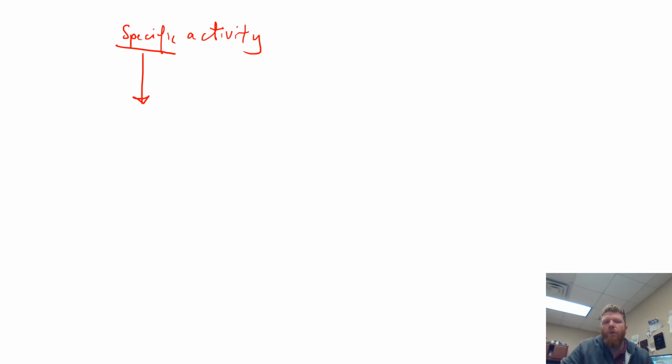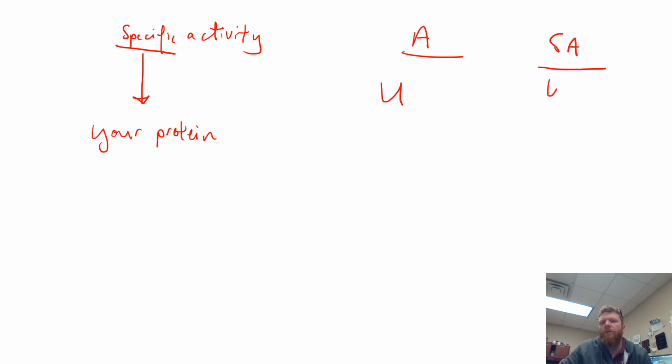So is your protein in the mix? Generally, whenever we look at activity versus specific activity, we are looking at activity that would be measured in units, generally the letter U. Specific activity, SA, is units per milligram. So how much of your protein is present in the total amount of protein there?